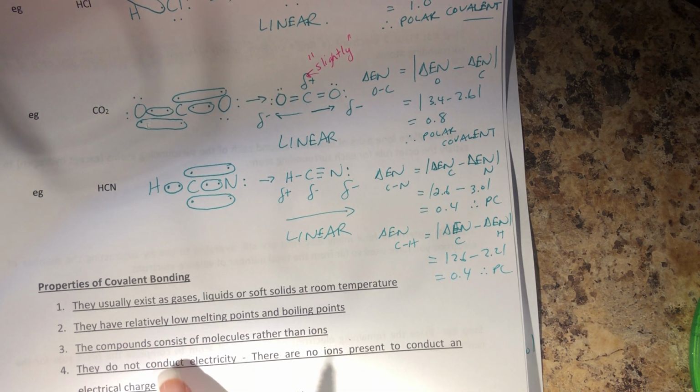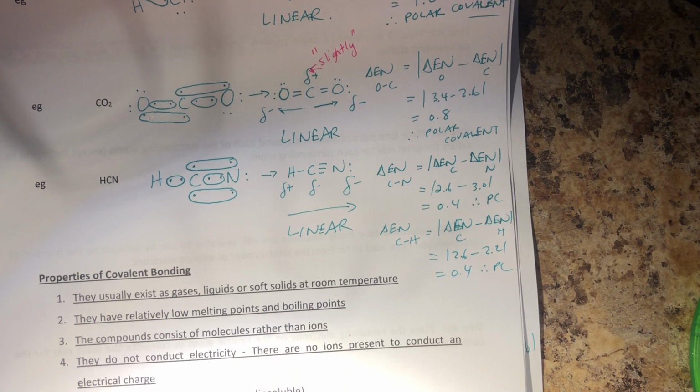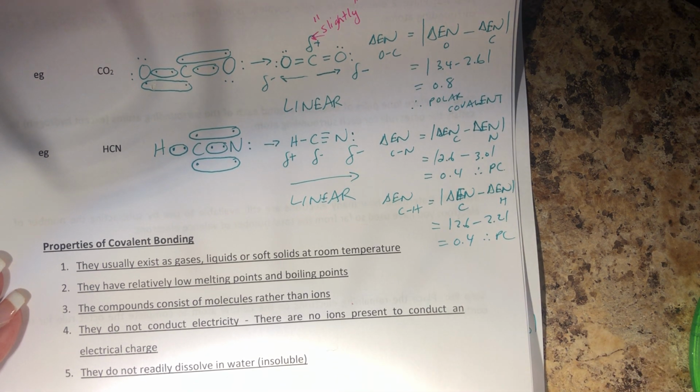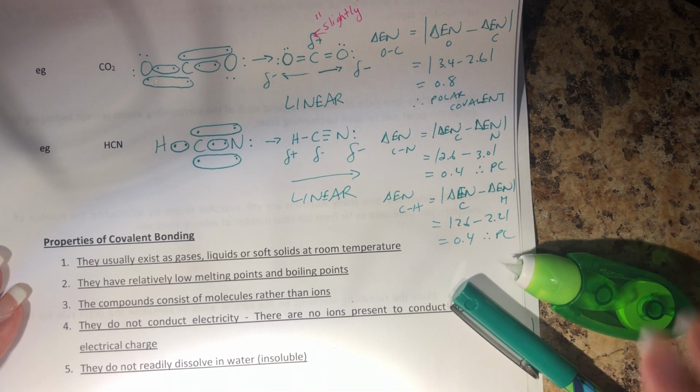They exist as molecules instead of ions. And because of that, they do not conduct electricity, right? We know that you need an ion to be able to conduct an electrical charge, okay? And they do not readily dissolve in water as well. So that makes them very, very different than their ionic counterparts.